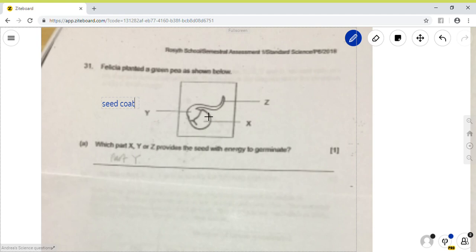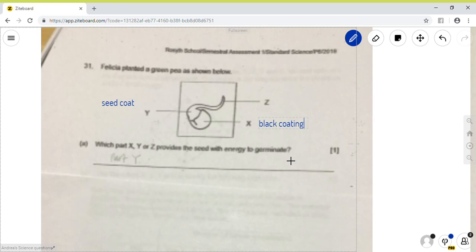Usually they merge the whole thing together, but in this question they separated it. X is probably the black color coating. Some seeds after a while have a black coating, right?